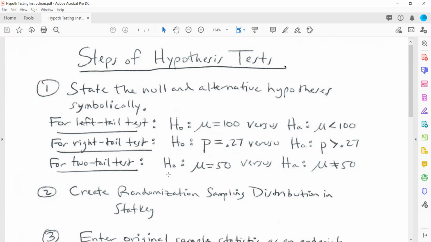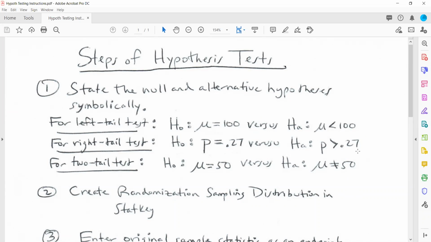Whatever the problem is in words, it will give you a significant clue to one of these three cases. There'll be something that says the researcher thinks the population mean is less than 100, or they'll say the population proportion is greater than 0.27.